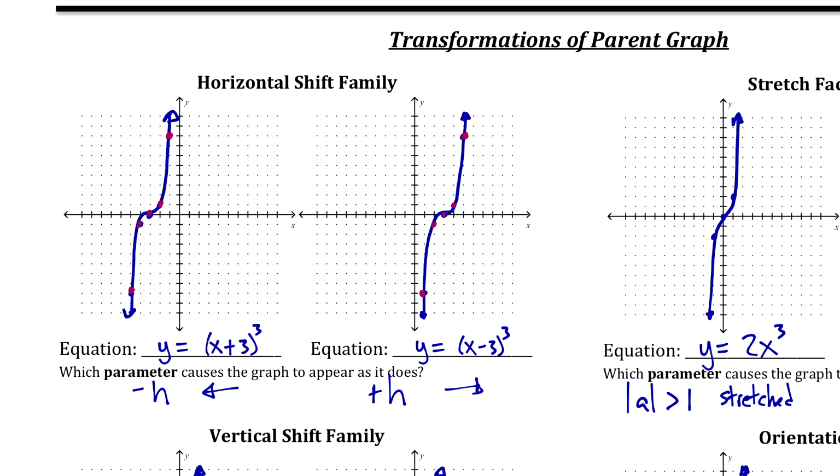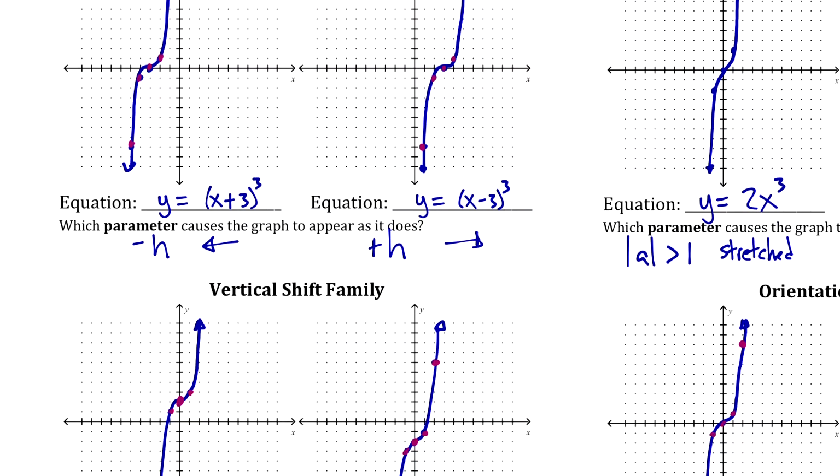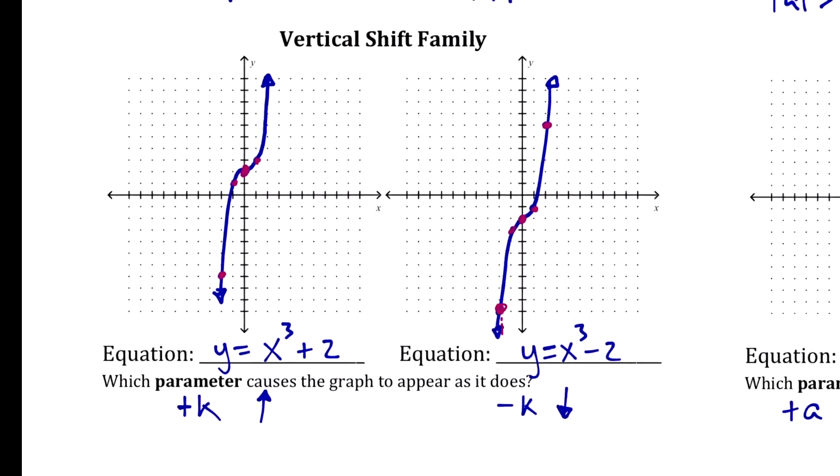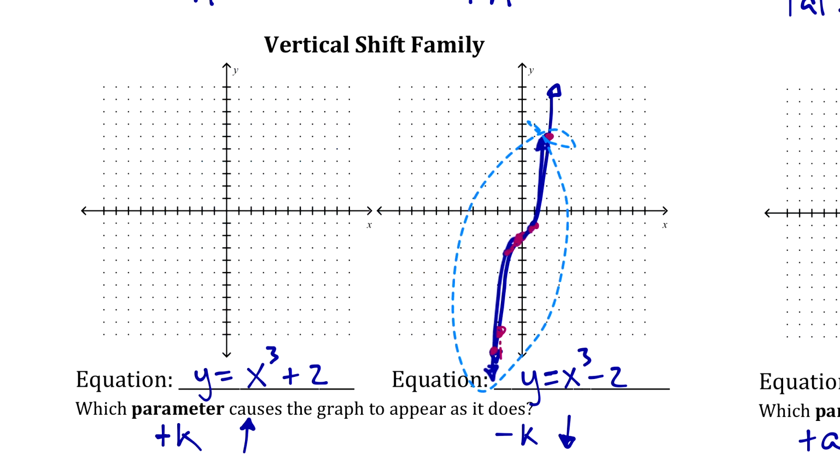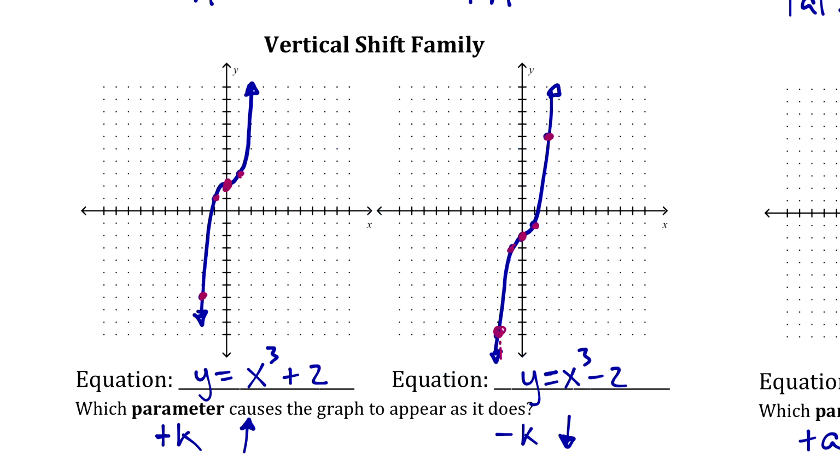All right, so just like a horizontal shift, right below that I have the vertical shift. Same idea. I have the same graph. The only difference is it literally has been shifted up and down. So I could literally take this and show you that I could put it right on top and it's going to be the same graph. The only difference is it's going to be shifted up or down.